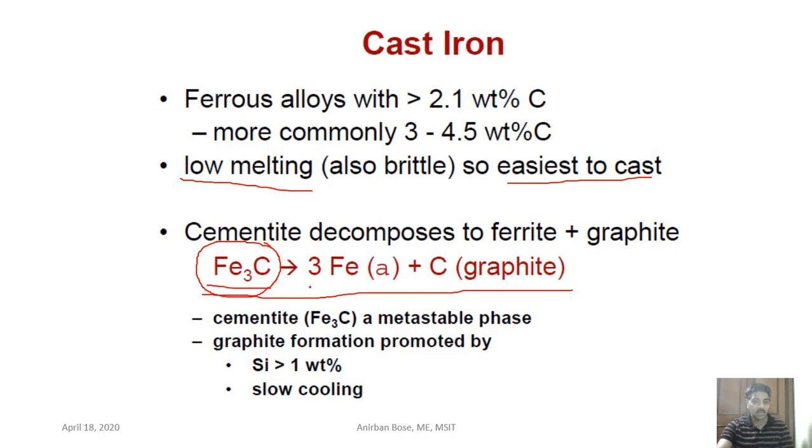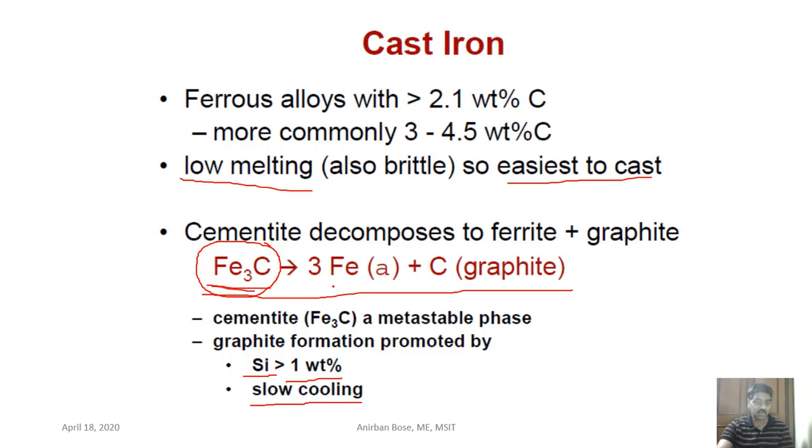So graphite is formed. In cast iron structure, graphite is present in most of the structures, and in some special kinds of cast iron cementite may be present, like in white cast iron.